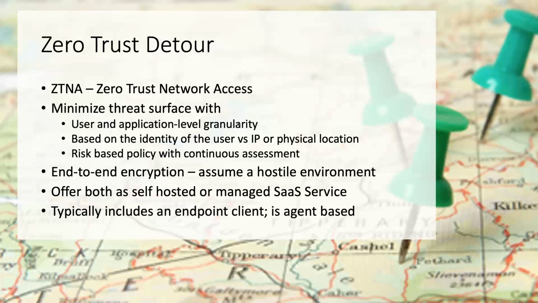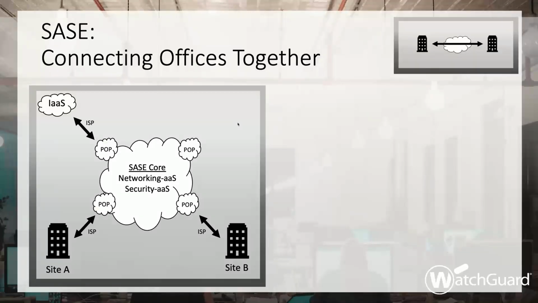So let's now take these ideas and apply them to those 4 usage scenarios and look at how a traditional deployment would then evolve into a SASE-based deployment for each of the 4, right? So connecting offices together. Now I have this idea kind of in the middle here, this SASE core, right? I've got my networking as a service and my security service that are being provided in that SASE core.